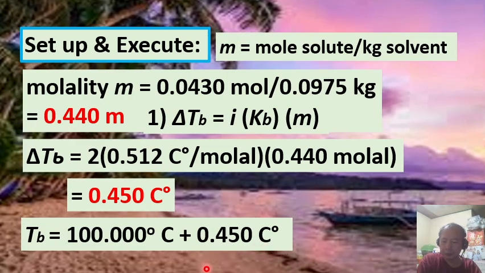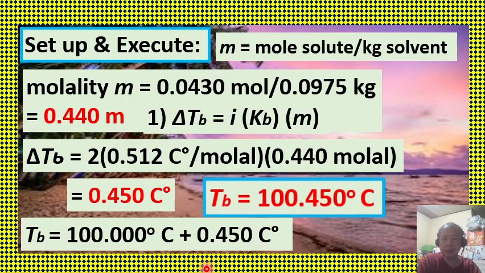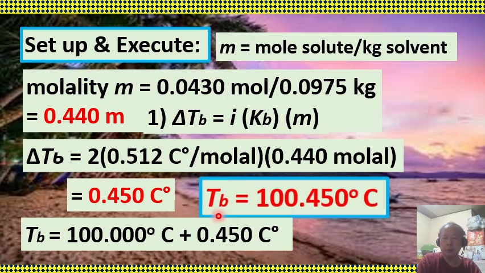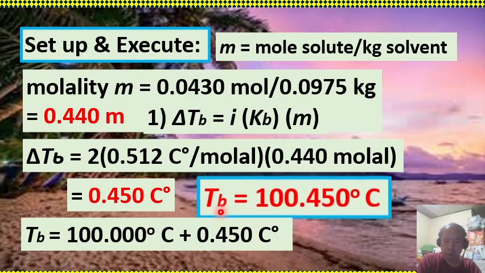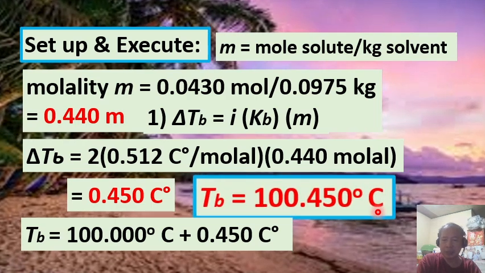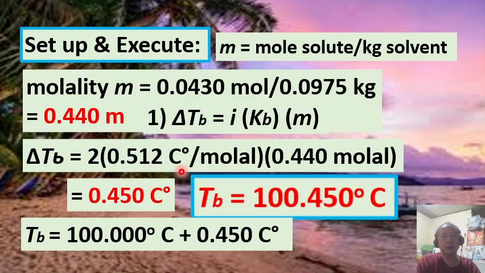That gives us the elevated boiling point of the sodium chloride solution equal to 100.450 degrees Celsius.